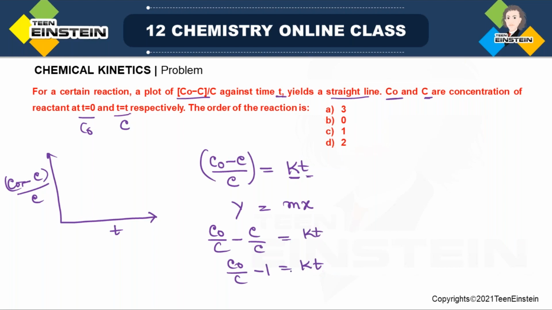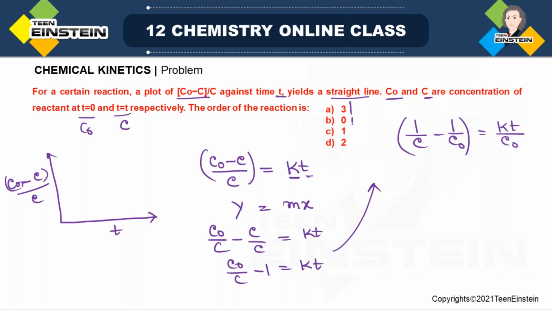Now if I divide both sides by C0, what will happen? It will be 1 by C minus 1 by C0 equals kt by C0. Now can we find any similarity of this equation with any specific order of reaction?